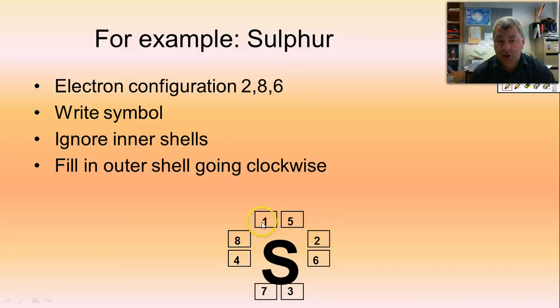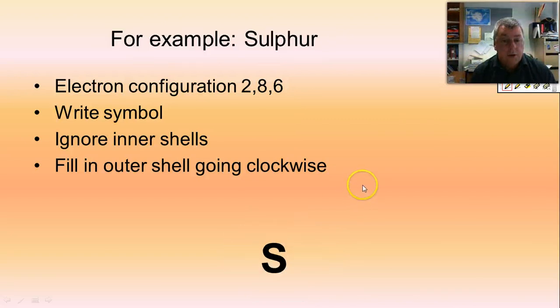Like when we did nitrogen, by having 5 electrons we could see that the 1st and the 5th one go there and form the lone pair, and we're left with 3 single electrons, and therefore 3 bonds are needed. That's how you tell. So sulfur, let's just see what happens here.